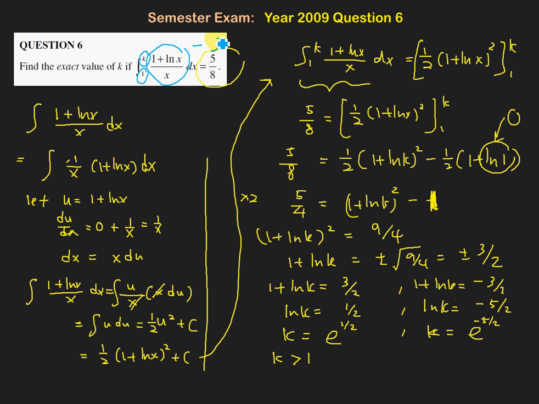But now you're getting something not 0, which means only one thing: k must be greater than 1. Remember, if the upper and lower limits are the same, the integral is 0, and therefore k must be greater than 1. So this is rejected. k must be greater than 1, and so k is therefore equal to e to the power half, and that's the only answer. This is rejected. Okay, I hope you try this again, and all the best.